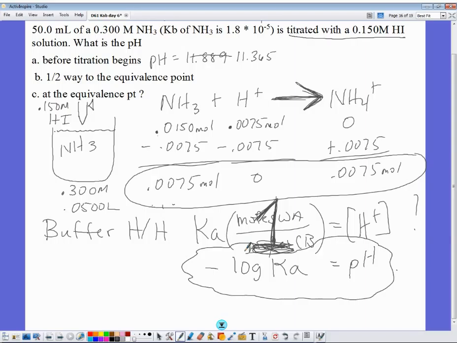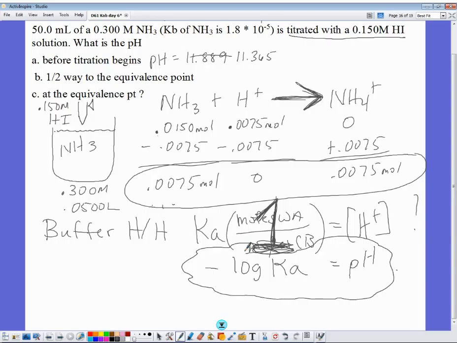Because if the Ka and the H plus are the same, then the pKa and the pH are the same. Yes? So the minus log of Ka is the same thing as the minus log of H plus if it's a perfect buffer. You need to know that. Yes. So that comes with practice. That comes with studying those notes. And so this is what we have.